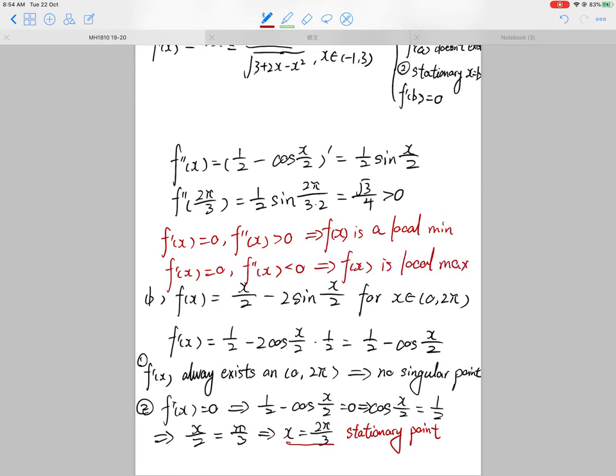So here, the second order derivative is positive, so your conclusion is that f of 2 pi over 3 is a local minimum.